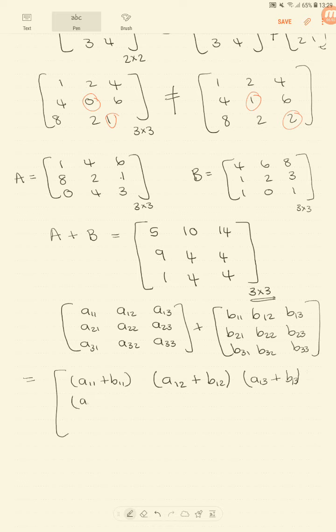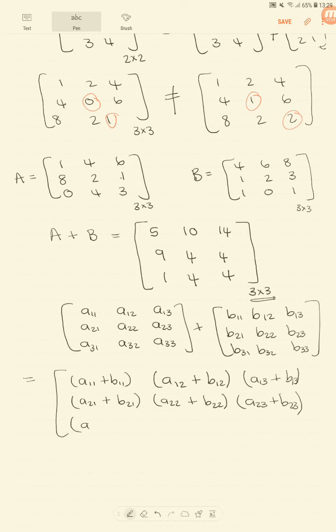Second row A21 plus B21, A22 plus B22, A23 plus B23.